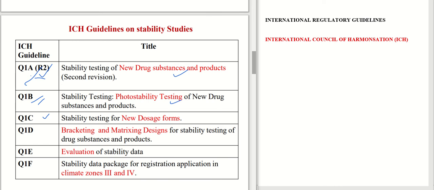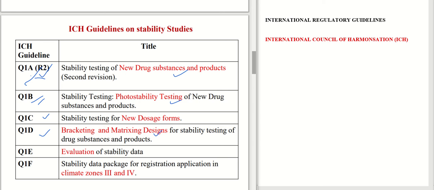What is meant by bracketing and matrixing designs? It gives the information about how long we need to do this stability test and in what way we need to carry out this test, at what temperature, at what humidity conditions, and how long we need to carry out this stability testing or stress testing. So the design of the study is well explained in the Q1D guideline.